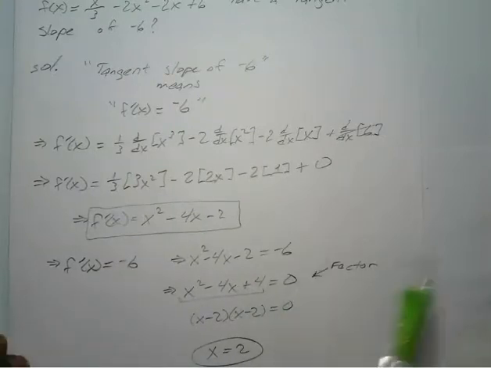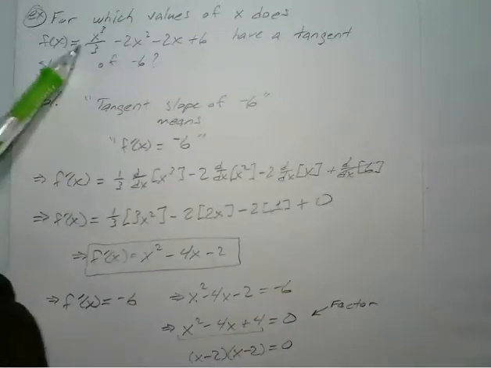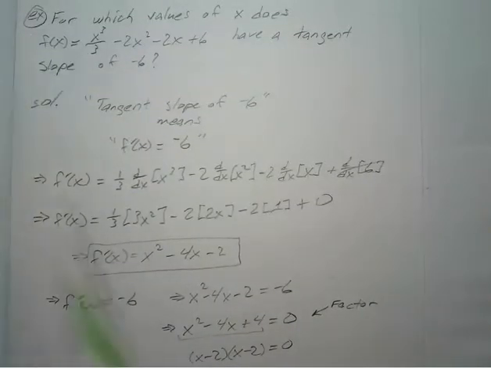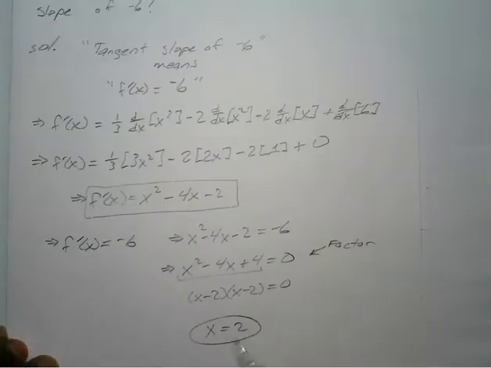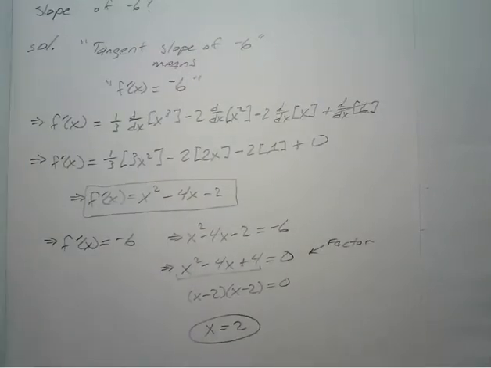So that means if you graph this function, when you get to x equals 2, you will have a slope of negative 6 at that point. If you are still writing, feel free to press pause.